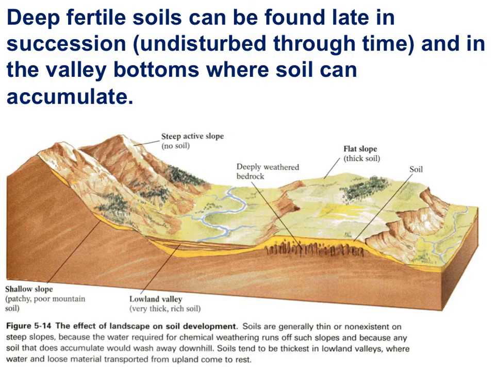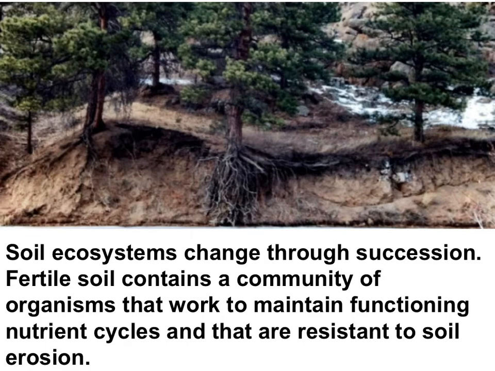Deep fertile soils are found in late successional systems that have been undisturbed through time. As well, fertile soils are found in the valley bottoms, where soil can accumulate. Soil ecosystems can change through succession, but fertile soil contains a community of organisms that work to maintain functioning nutrient cycling, and this is resistant to erosion.